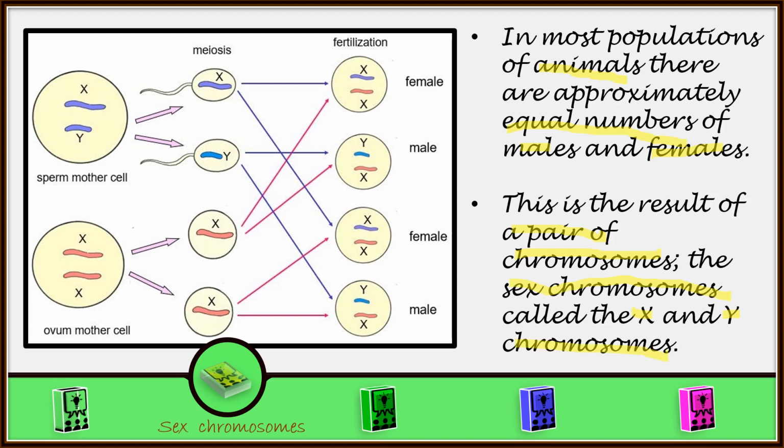Here we have X and Y, which are sperm mother cells, and here we have X and X, which are ovum mother cells. This one is a male because he has X and Y chromosomes, and this one is a female, X and X, because it has two X chromosomes.